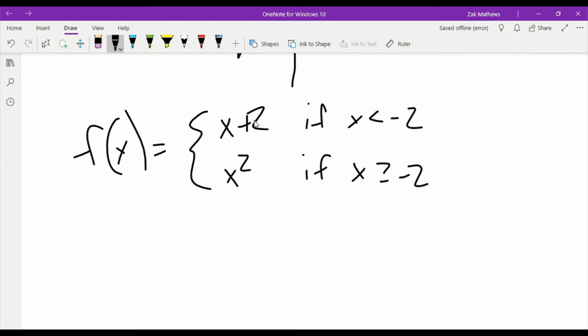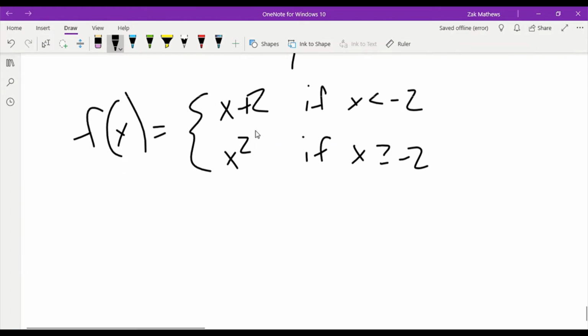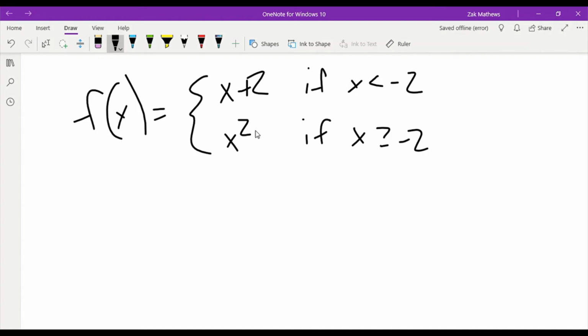So the x plus 2, we know what this looks like. This is a line. We can find that derivative. Let's go ahead and do it. Let's find the derivative of x plus 2. I'm going to look at the derivative for f of x, and in order to do this, we're going to have to define it piecewise.